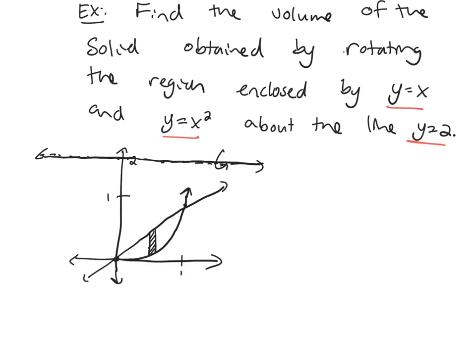Notice my strips don't touch my rotation line, right? So what I'm getting is that washer that I got last time. There's a big hole in the middle of this.